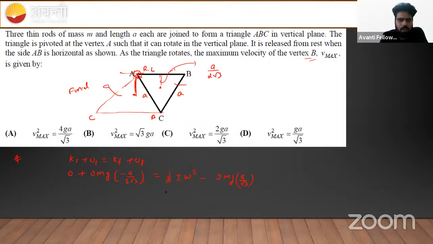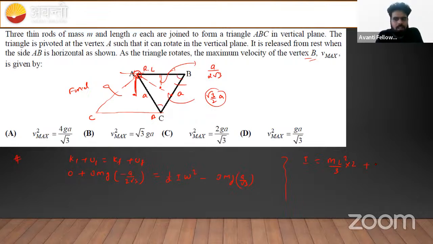Here, to find the value of omega, firstly we have to calculate I. What is the I of the system about point A? We can say the 2 rods have the axis passing through point A at their end point. So what is the moment of inertia about an end point? That is ml square by 3, and there are 2 rods, so multiplied by 2. What is the moment of inertia of this rod about this point? Then we have to find this distance. This distance is nothing but root 3 by 2 a, because this is an equilateral triangle.